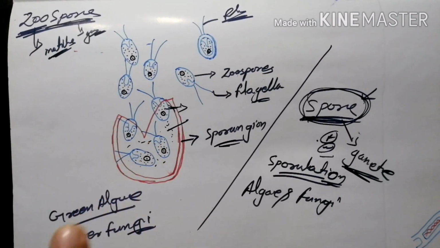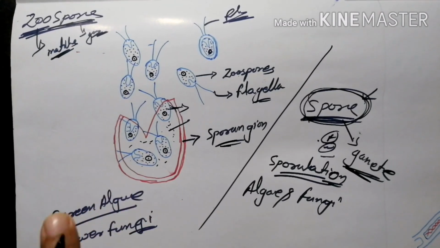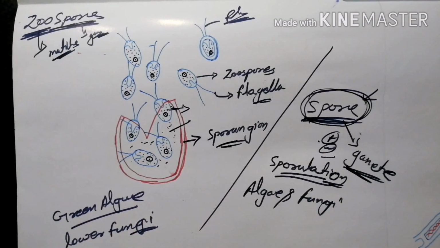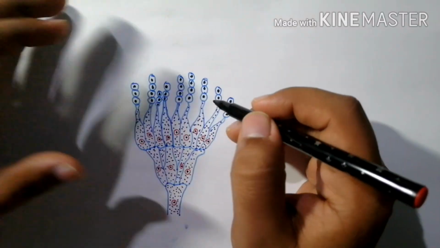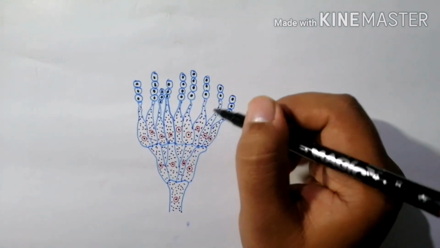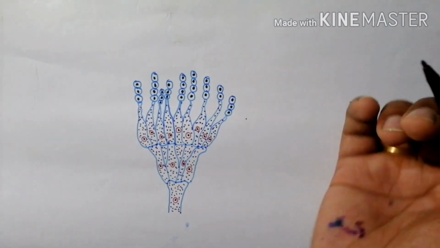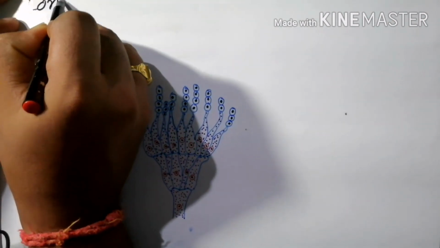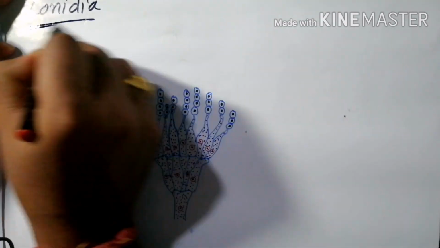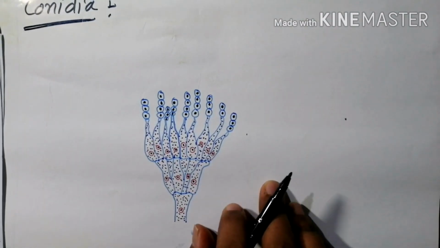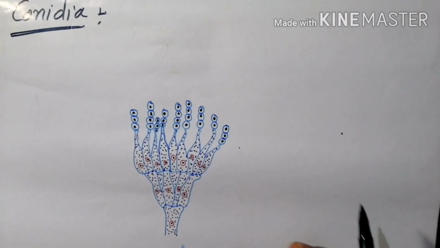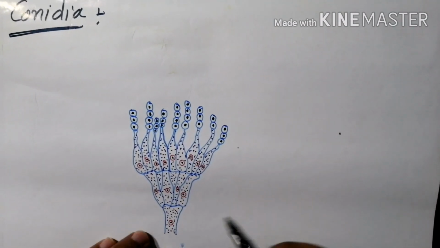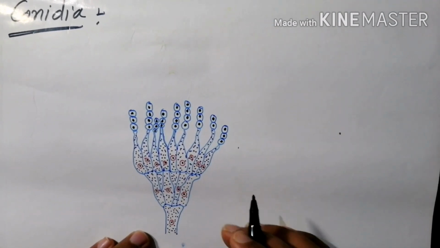Next we are going to study conidia, what conidia is and how the structure is developed. This is the structure of conidia. It consists of a conidiophore and a number of conidia, and it has hyphal joints.